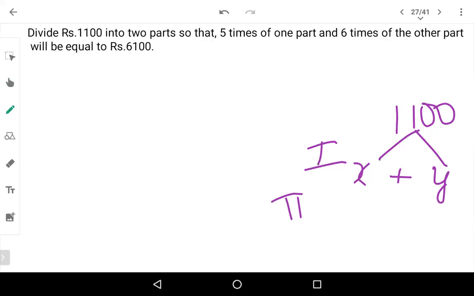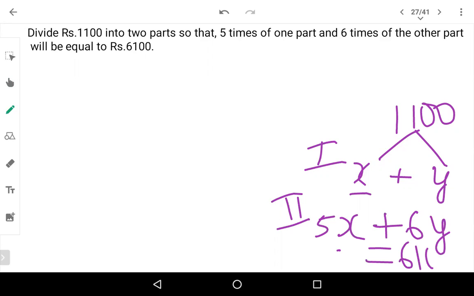Scenario number 2 is when you take 5 times of one part x and 6 times of the other part, it will be equal to 6100. This is the second scenario. So even though the question is only one sentence, look, we have got two equations. So carefully read the question and then solve.